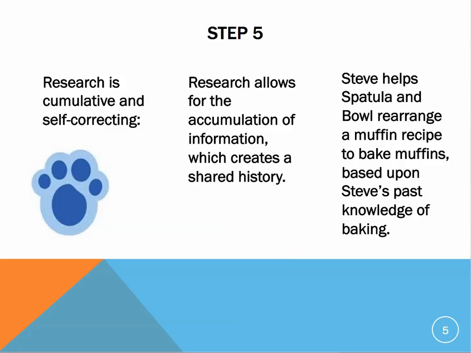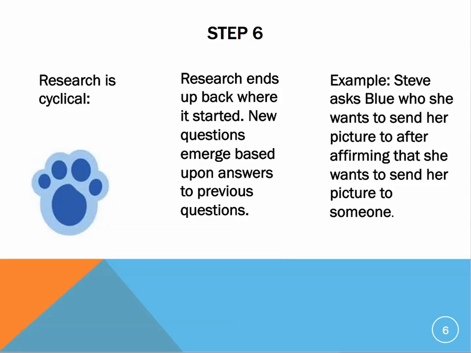So cumulative self-correcting, you don't really have to worry about this now, but it would allow your research basically to be somewhere within a shared history. It's cyclical. If you get the answers to your questions, do you think there'll be more questions that somebody else could come up with? I bet there will be.